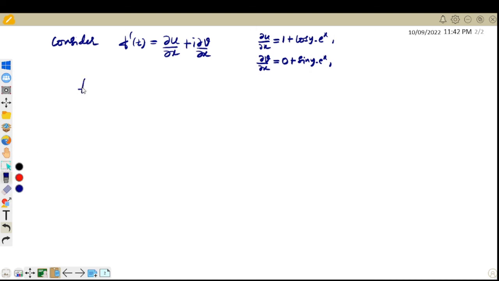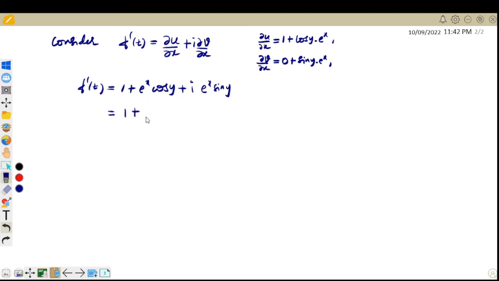f dash of z is equal to dou u by dou x is 1 plus e raised to x into cos y plus i times of e raised to x into sin y. This is same as 1 plus.